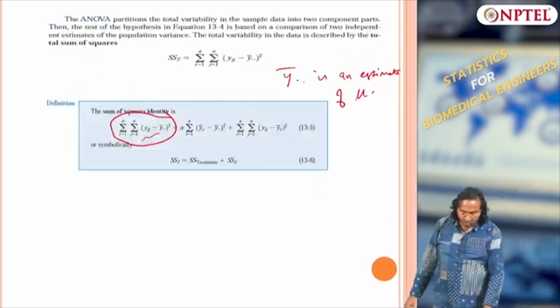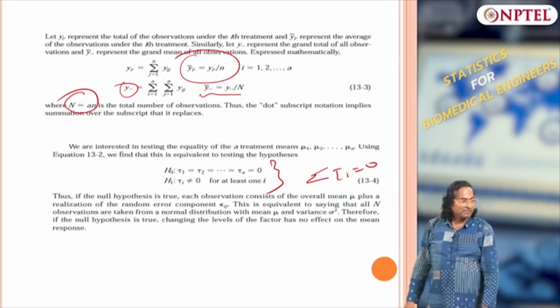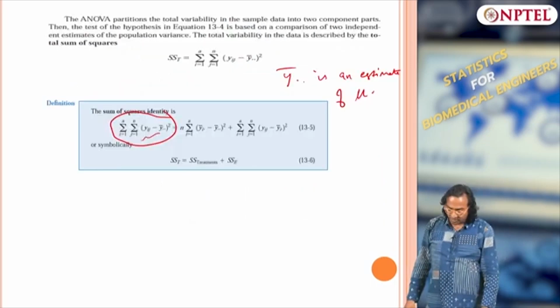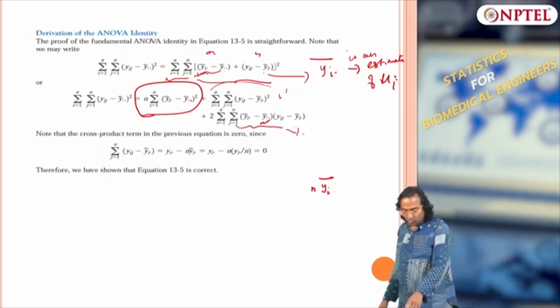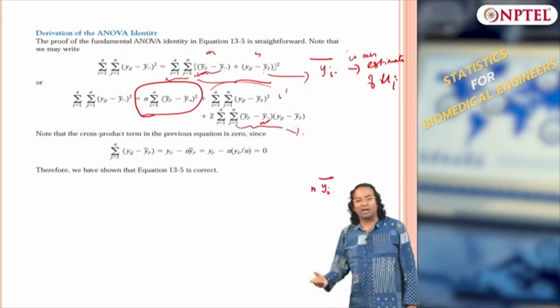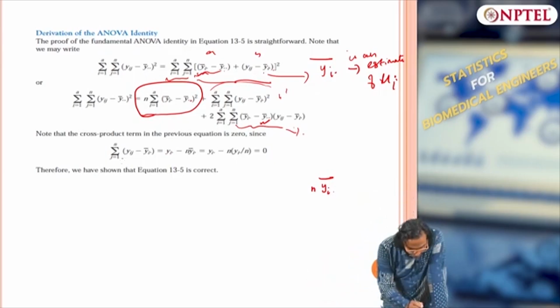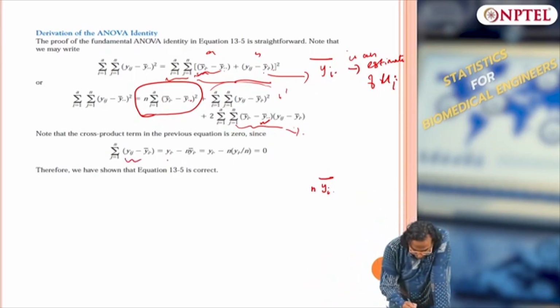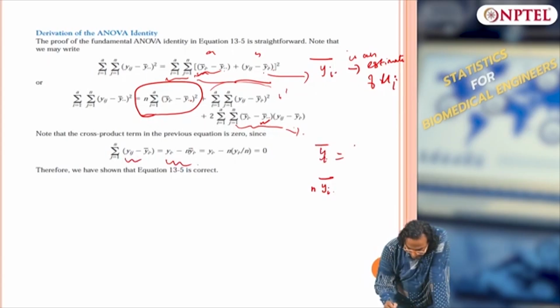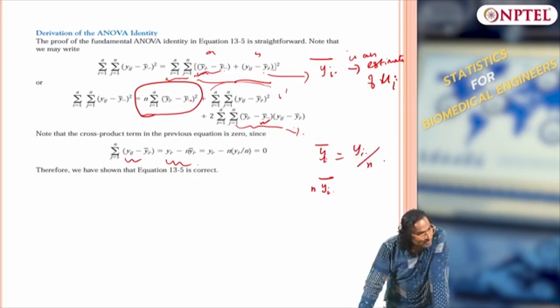You have to be very clear with these identities, how I am summing it up. And yi dot bar is nothing but yi dot divided by n.